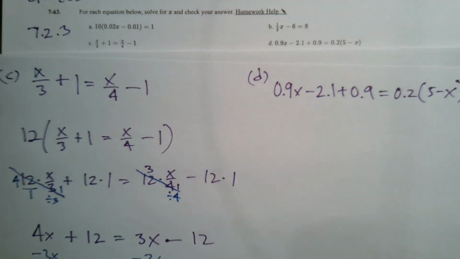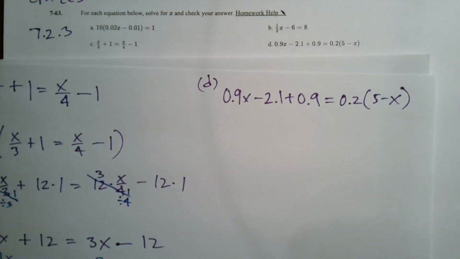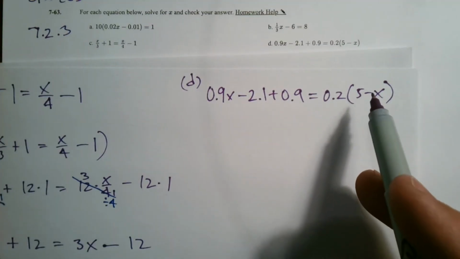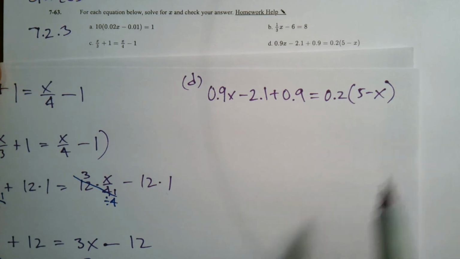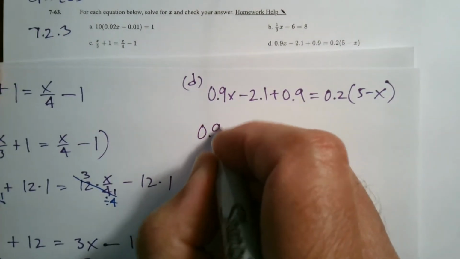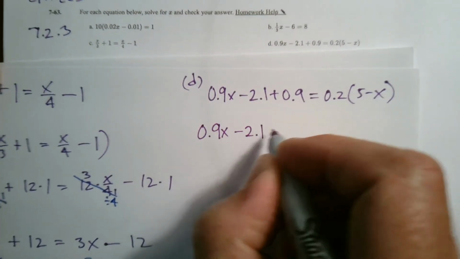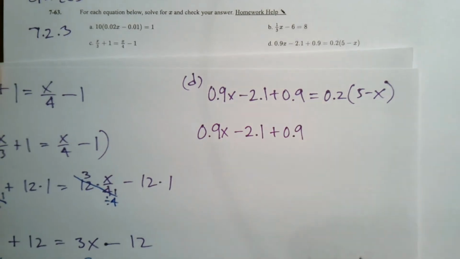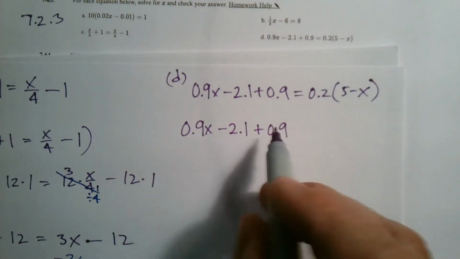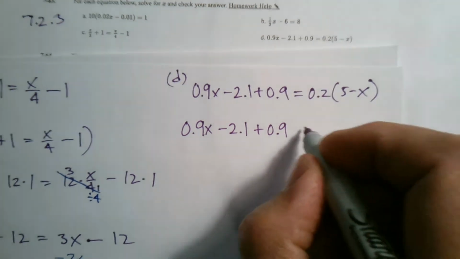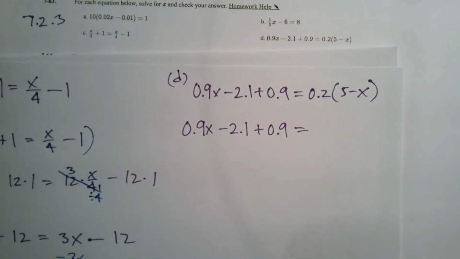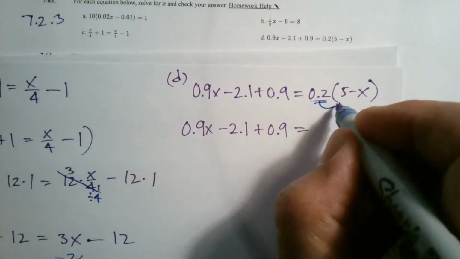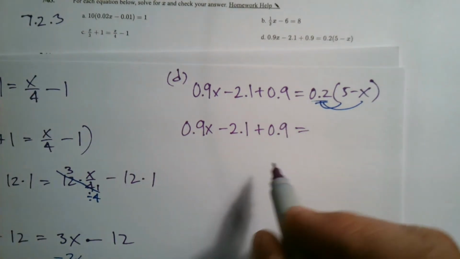In this case, I do have some distributive property to do, so I'm going to take care of that first. I'm going to leave all these decimal values as is because I'm going to use decimal busters to get rid of those decimals. But before I do decimal busters, I have to distribute that 2/10.